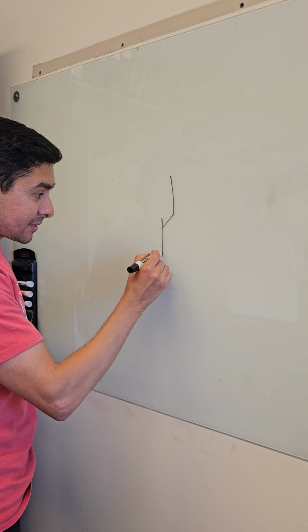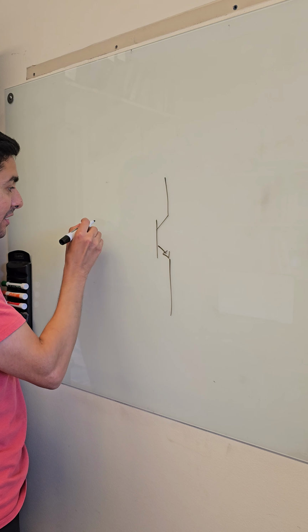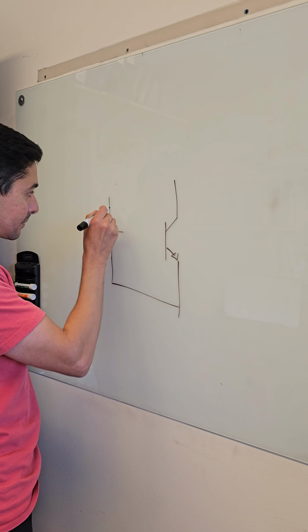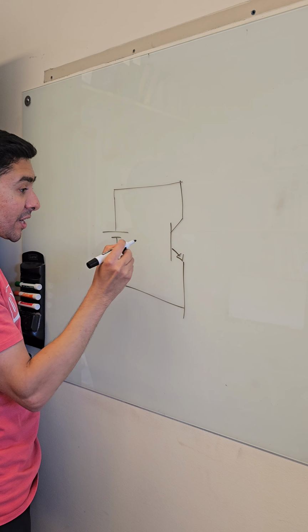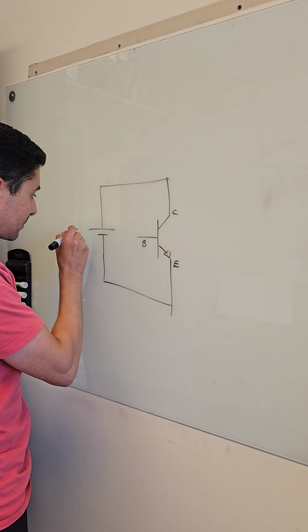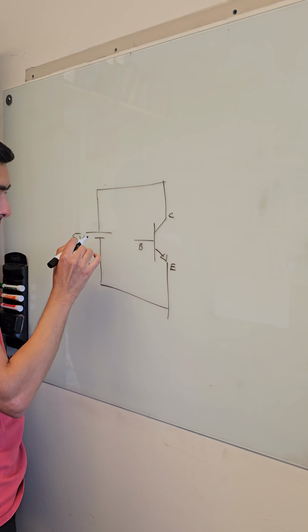Now, let's make the same circuit here. We have our 5 volts battery connected to a transistor this way. Okay?